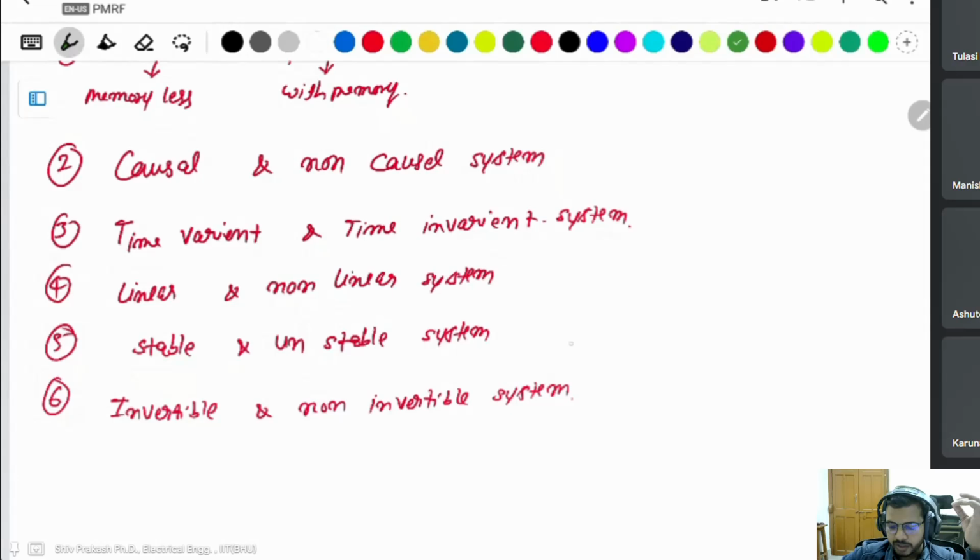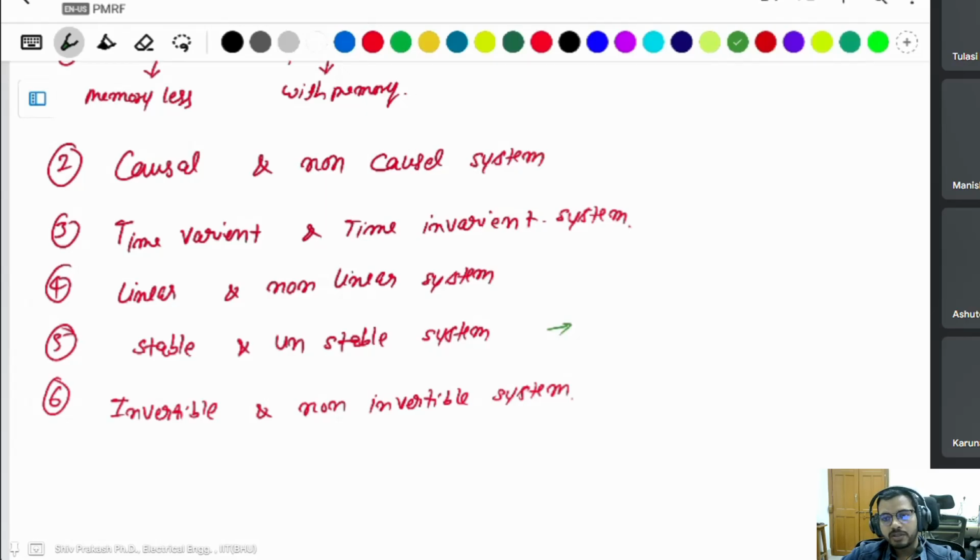These two things you can say, stable system. It means if the system is given a bounded input, it will give a bounded output, and the system will be stable.